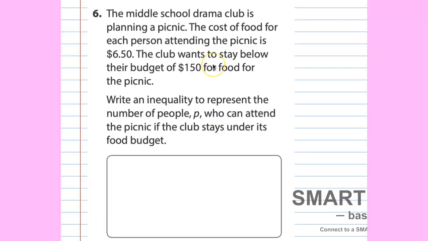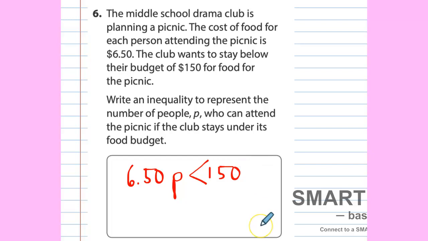Right, so let's analyze. The cost of the picnic for each person is $6.50. We could write that as $6.50 per person, and that should be less than the budget, which is $150.